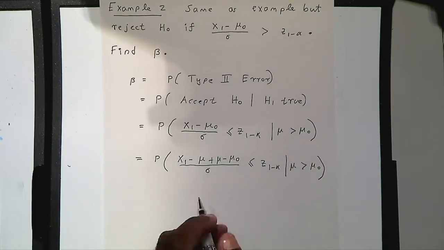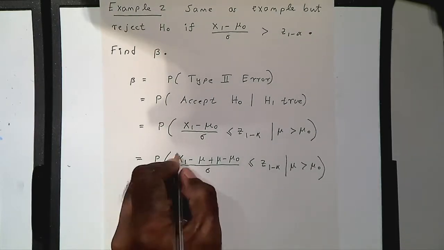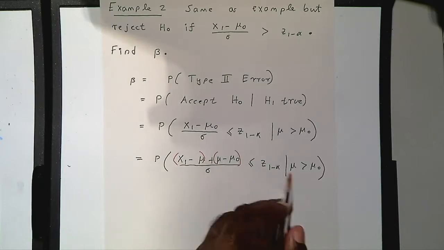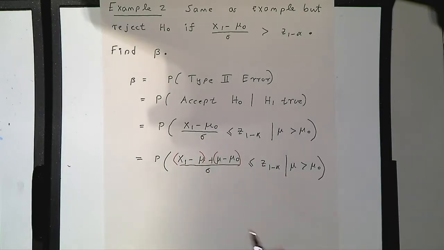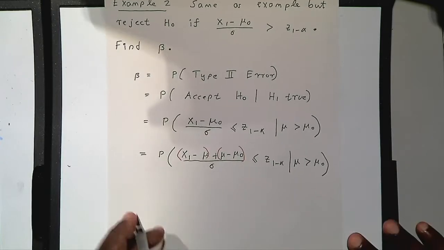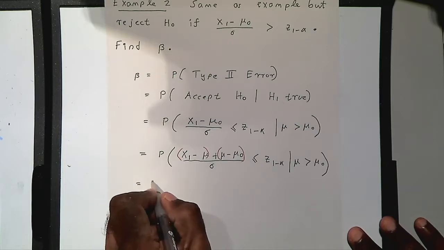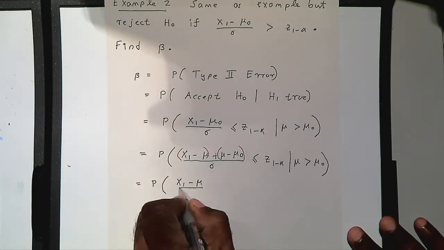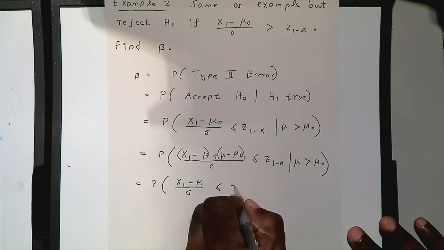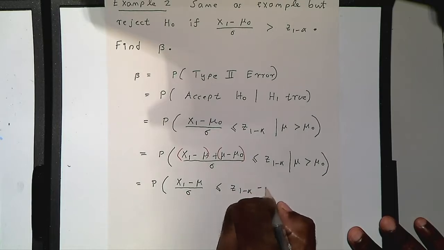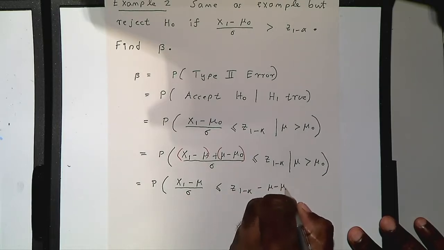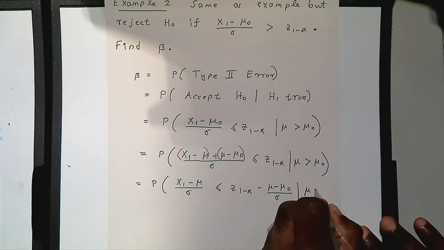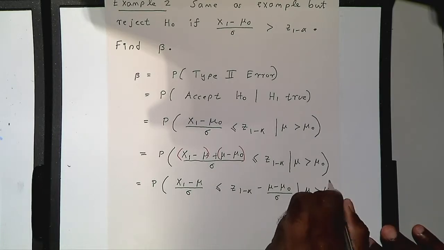Okay. Now, I put brackets around like this. I'm going to pull the second term to the right-hand side, so it will become like this.